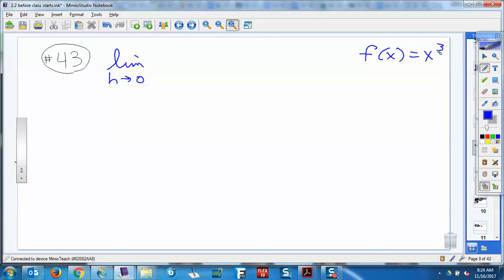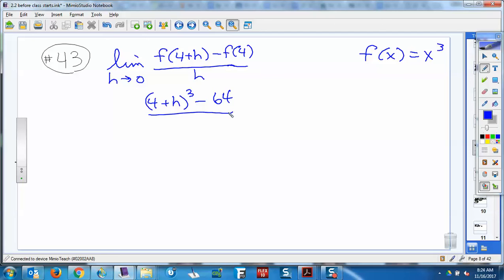There is a reason I want to look at 43, I guess, that'd be valuable. And so this would be f of, and where are we doing the slope at? 4. So f of 4 plus h minus f of 4 all over h, right? So far so good. So now this would be 4 plus h cubed minus 64 all over h. Okay, so I wanted to talk about 4 plus h cubed.